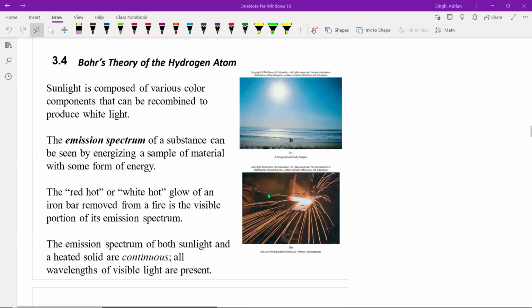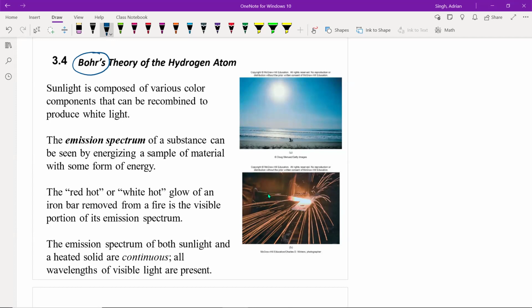And Niels Bohr, who this theory is named after, Bohr's theory of the atom, came up with a lot of, at the time, sort of groundbreaking ideas, but we've since updated a lot of Bohr's theory to reflect what we know about the atom today. But there are still some concepts, some ideas that we can still use up to this day to help explain some of the observations that we make when it comes to atoms.